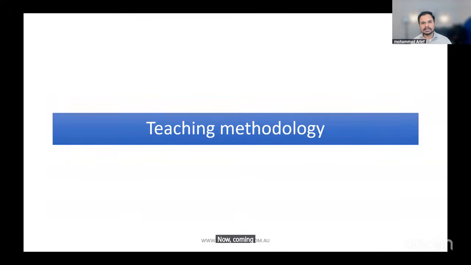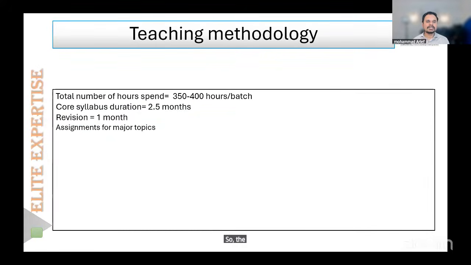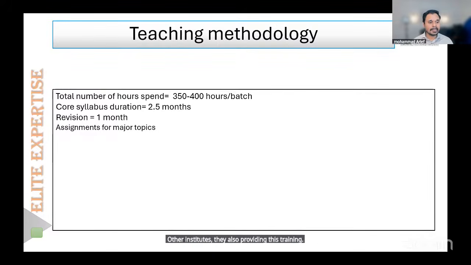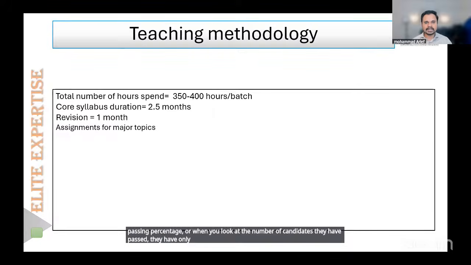Now, coming to our teaching methodologies at Elite Expertise. Why do so many candidates clear this examination with us? Other institutes also provide this training, but when you look at the number of candidates they have passed, it is only 10, or 20, hardly around 30 students.